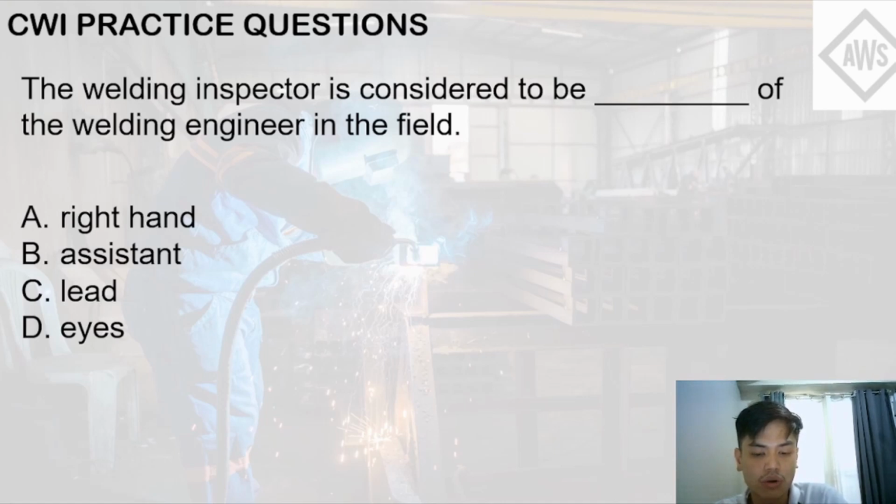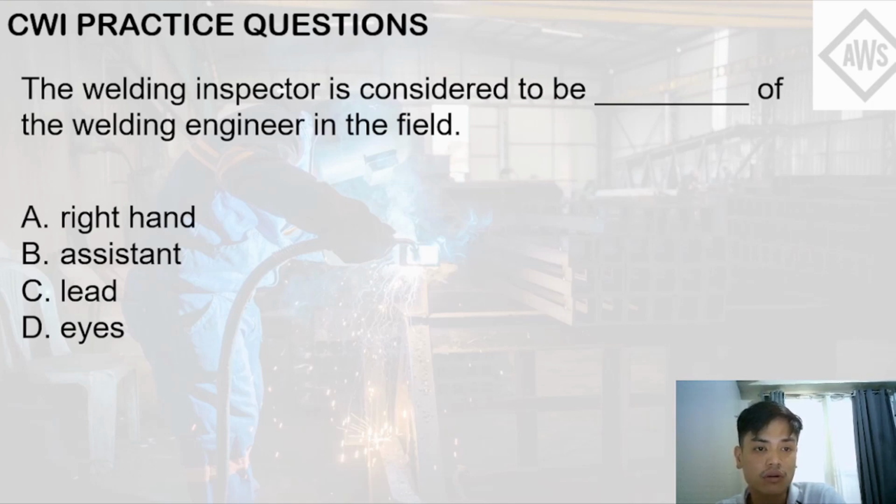So there's what you call quality assurance and quality control. The one responsible for quality assurance, meaning the creation of specifications and quality standards, is the welding engineer, who also implements that in a construction project or in a maintenance activity in the plant, for example.